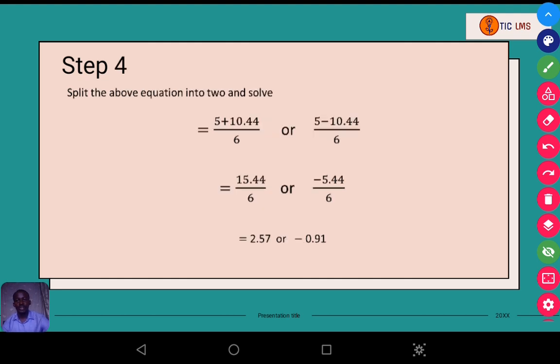So we split the equation into 2 and we solve. Do not forget that we had plus or minus. So now we have the plus on one side, and the negative on the other side, so we have this or this. Then we use our calculator to find the final answer.